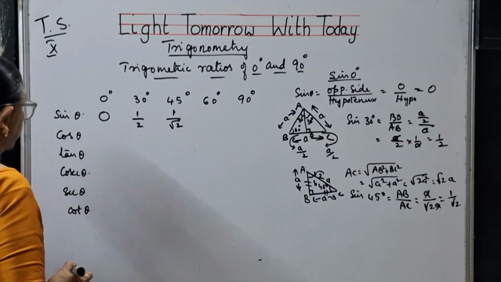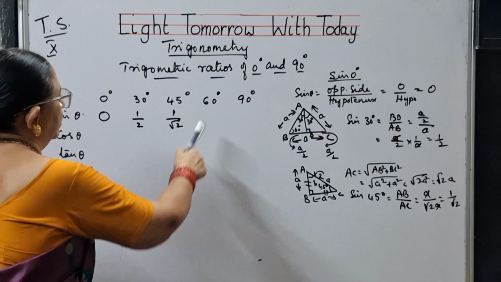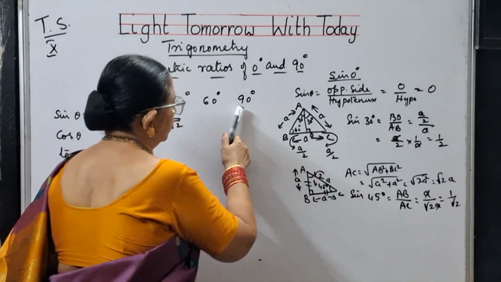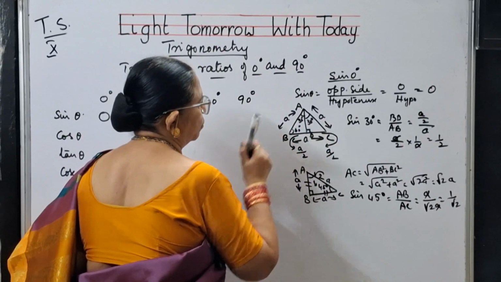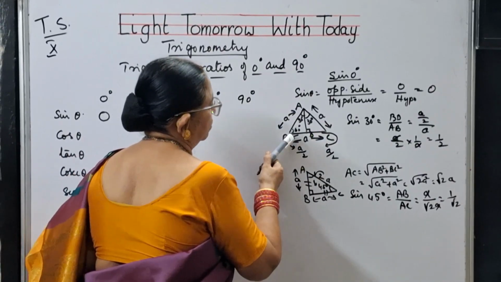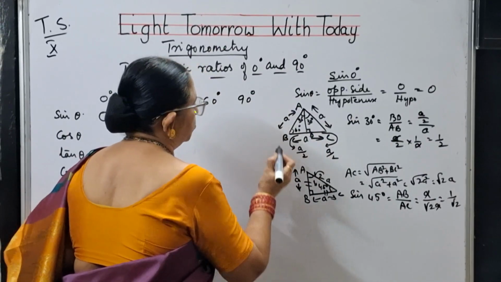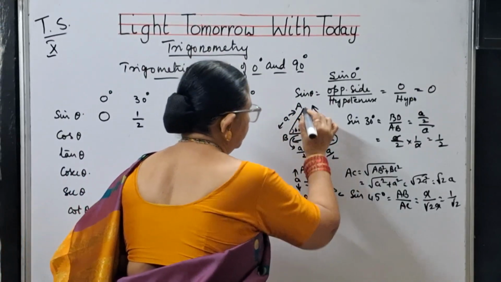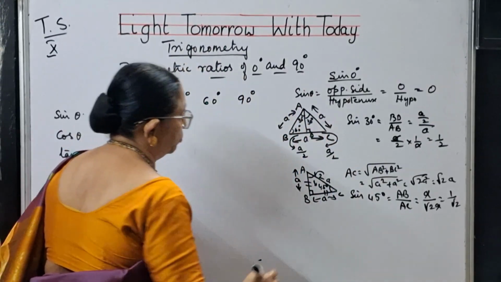Now, let us go for 60. Sine 60. So you want to go for sine 60, once again you have to go for this figure, children. Sine 60 means we have to talk about triangle ADB. So first you should know what is the AD measure.